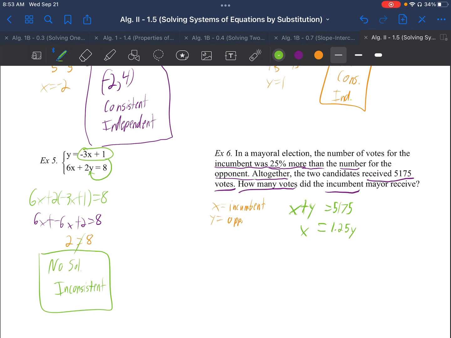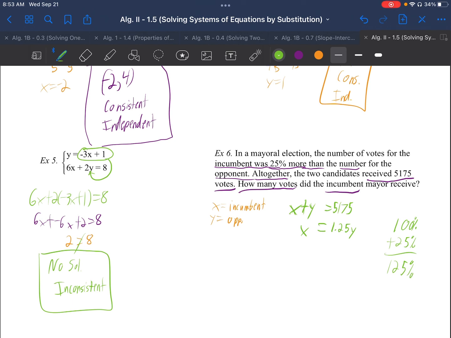Now the reason that's 1.25 times y rather than 0.25 is if you take 0.25 times something, 25%, that makes it smaller. But what we want is the whole already, so that's 100%, and we want 25% additional.